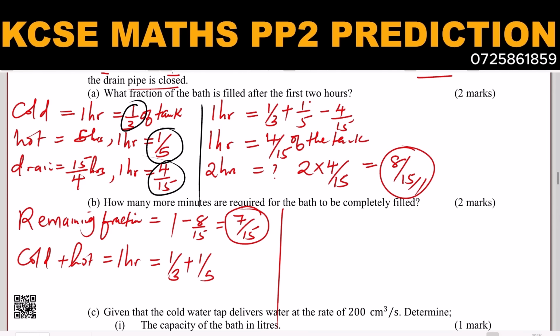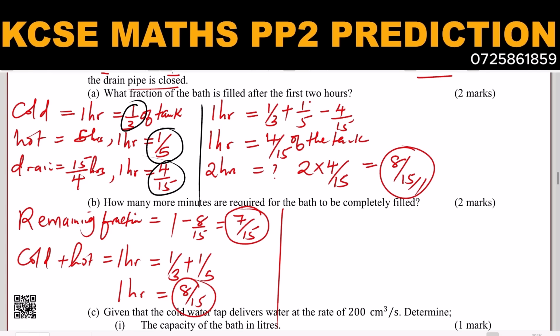That is a third of the tank for the cold water tap, then for the hot water tap, a fifth. So in 1 hour, cold and hot taps will fill these fractions. So a third plus a fifth will fill 8/15 of the tank. And those are the ones that are left to completely fill the tank.